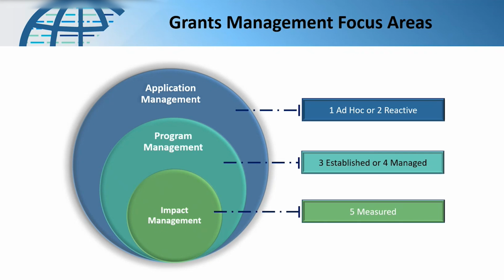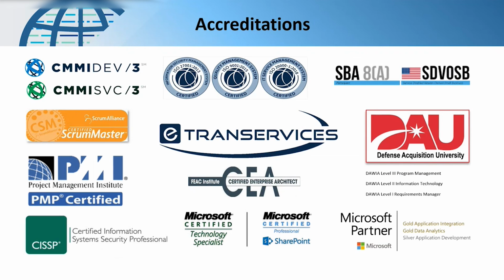So UDPaaS supports all these levels of maturity, and it allows you to incrementally achieve higher and higher levels of maturity. So with that said, I'm going to conclude, and I'm going to open the floor up for some questions.